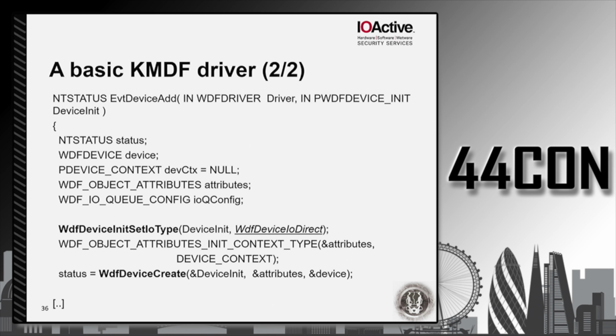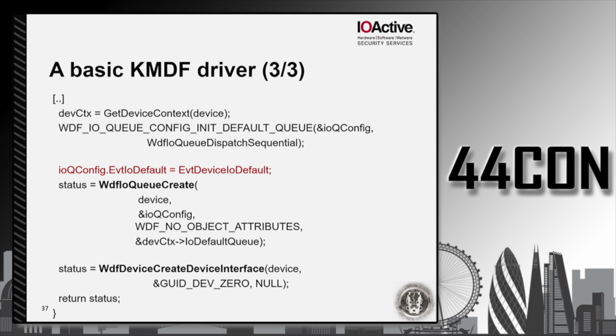And in here, FILE_DEVICE_SECURE_OPEN is set by default, so we don't need to worry about that namespace issue that we had before. And then it will create a queue. In this case, it's only setting the default device I/O callback. So all requests are going to be handled by that particular callback.